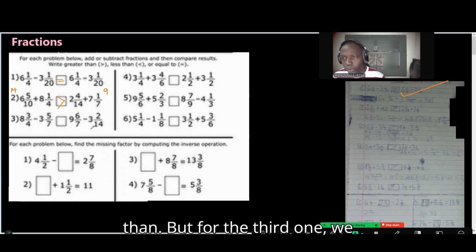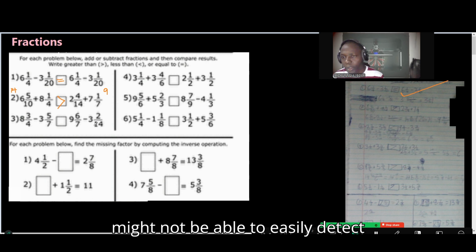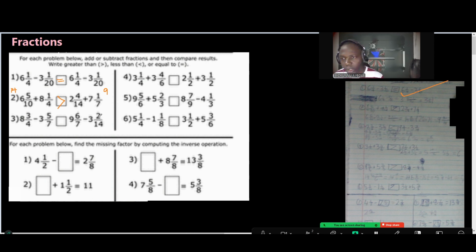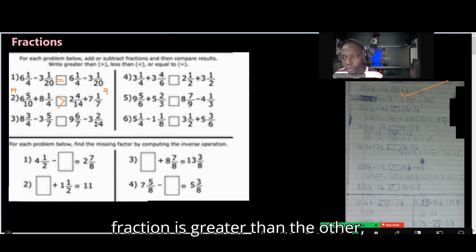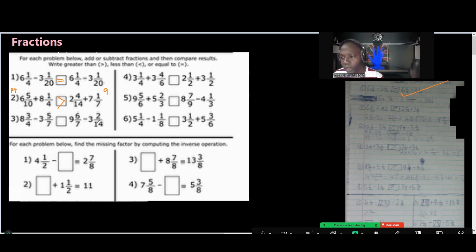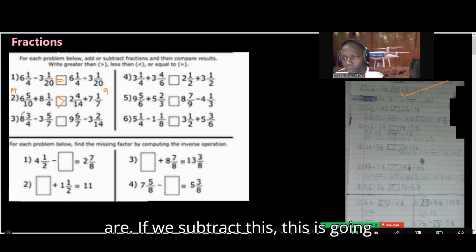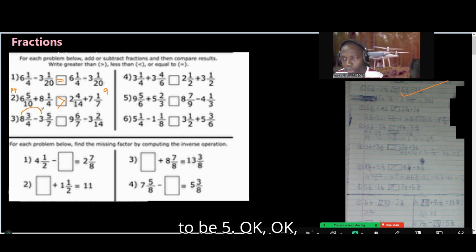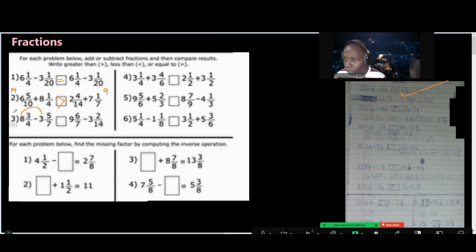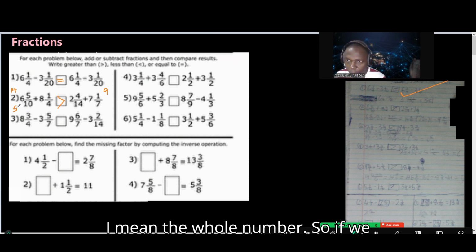But for the third one, we might not be able to easily detect if one fraction is greater than the other. If we subtract, this is going to be 5, I mean the whole number.